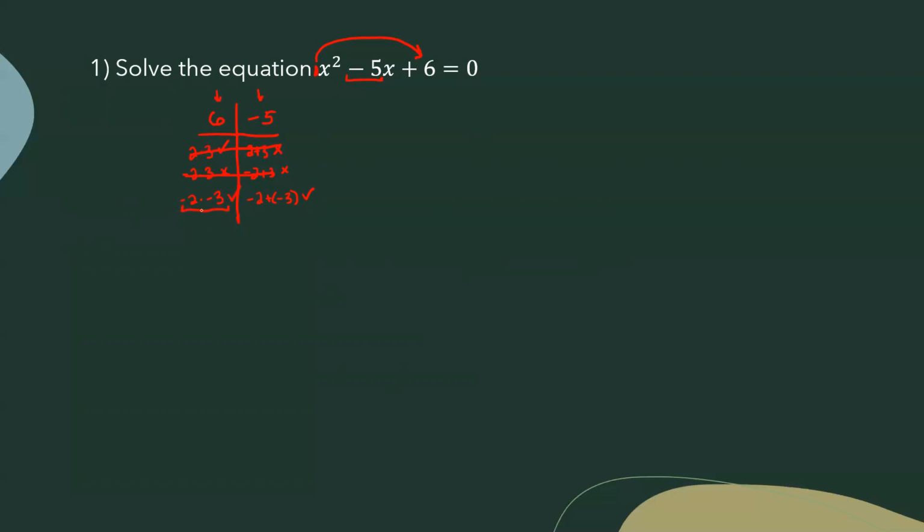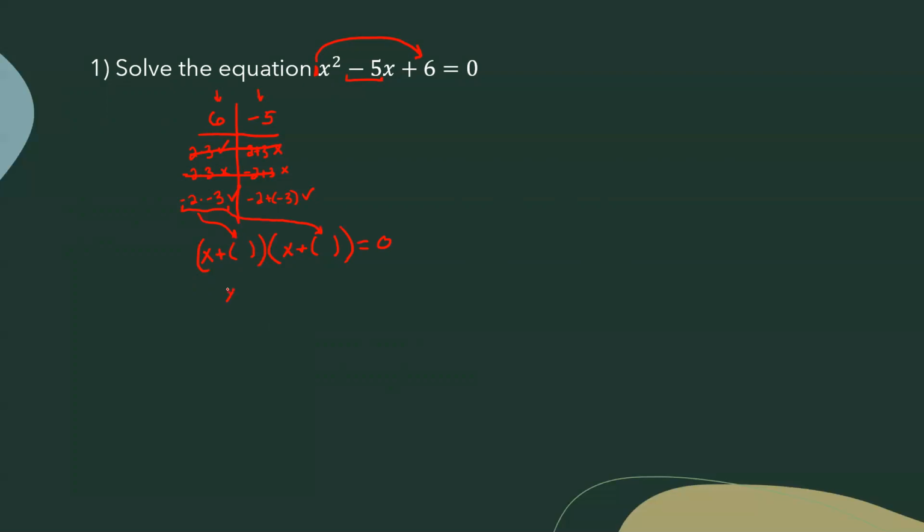So now you have these numbers. Now what's the next step? Well, you want to put it in this form right here. So you have an x minus your first number in parentheses, and then multiplied by x, or this should be plus actually, x plus another number that you found in parentheses. And all that equals 0. Okay, so let's plug our negative 2 into here and our negative 3 into this spot.